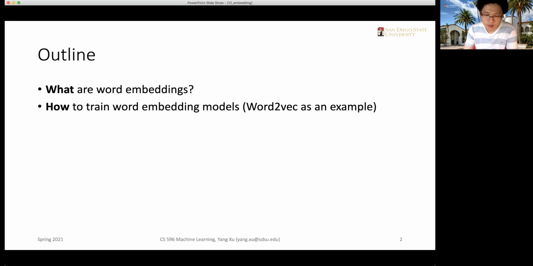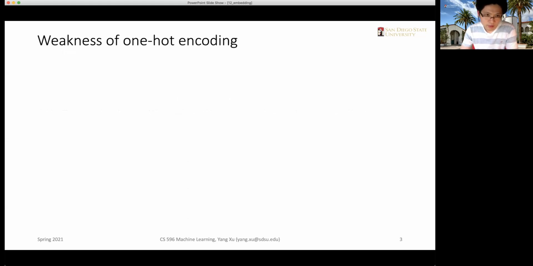Okay. All right. So let's get started with the weakness of one-hot encoding, or what one-hot encoding is missing in modeling words. Remember, when we build a one-hot vector for each word, we need to use a complete vocabulary.